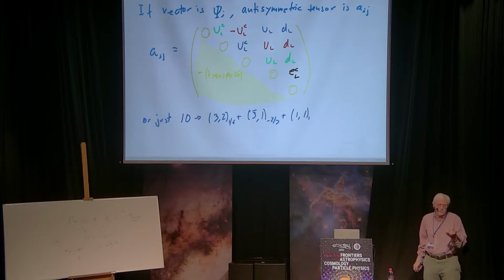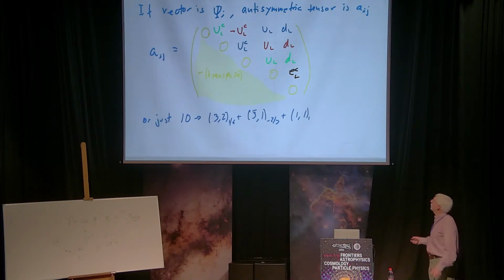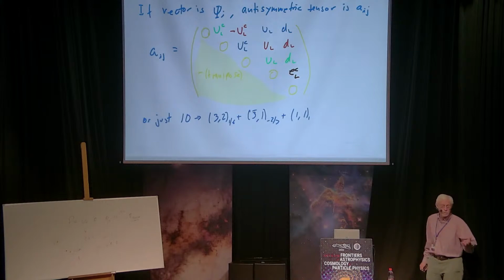That transforms as an antisymmetric tensor. You've seen that in other contexts, but it's the same idea. So here's a 2-index antisymmetric tensor. You can think about it as a 5 by 5 matrix. Antisymmetric means zeros along the diagonal. The bottom half of this matrix I don't have to tell you if you know the upper one, because it's the negative of the transpose. That's what it means to be antisymmetric.